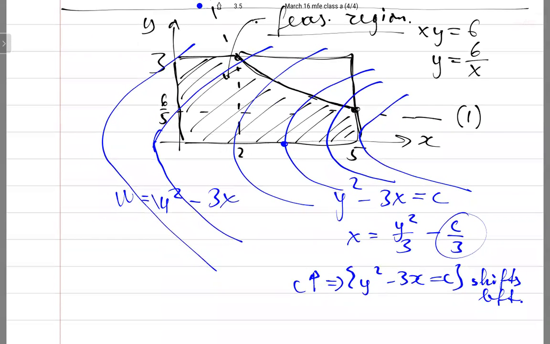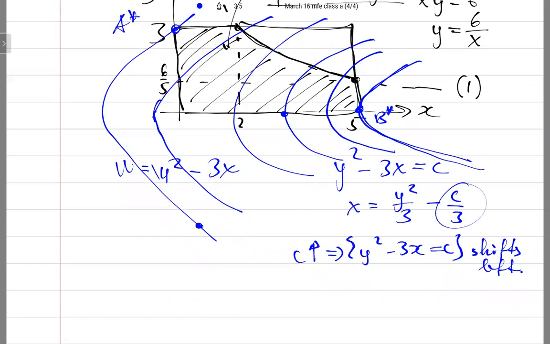The leftmost curve gives A star, that is one extremum, and the rightmost curve gives B star, the other extremum.